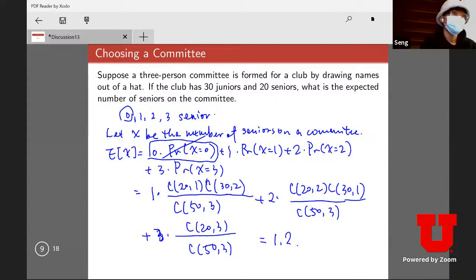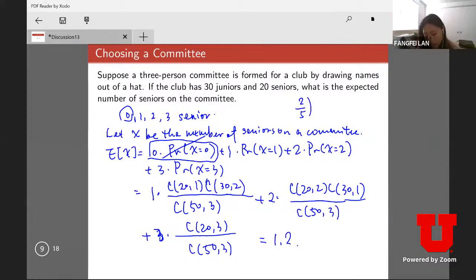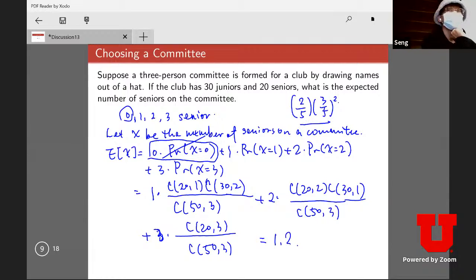If we go the other way, can we do something like, for example, for 1 senior, 2/5 times 3/5 squared? Yes. But then how many different ways do you have to multiply by?